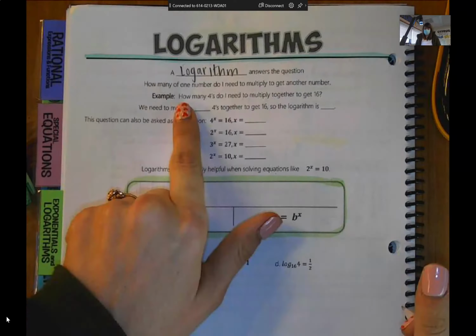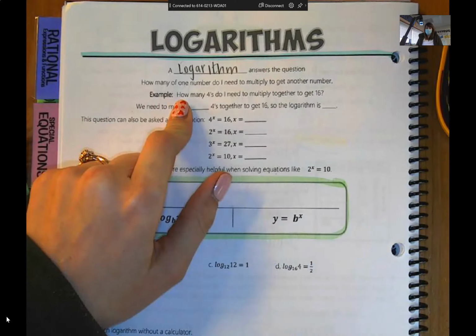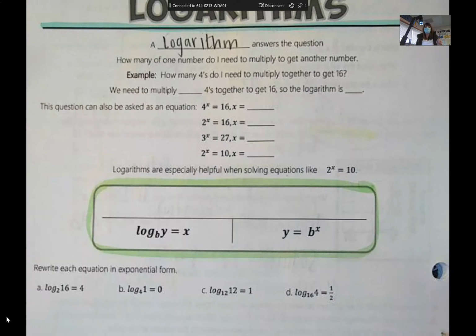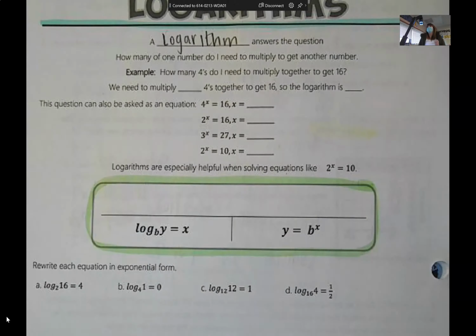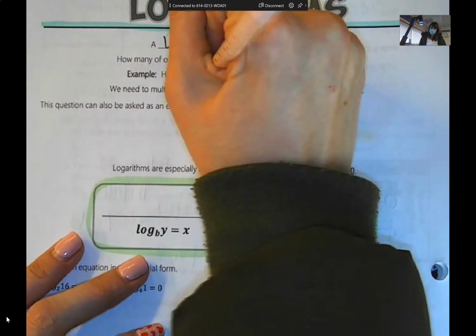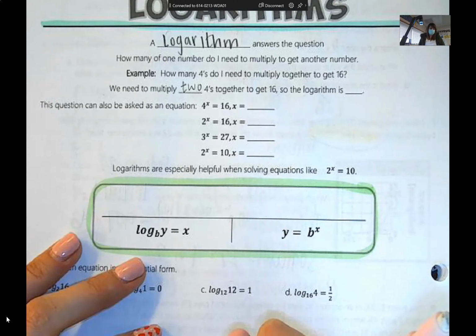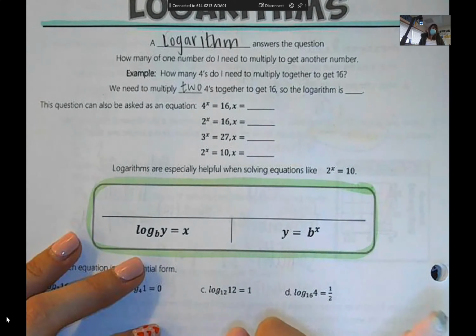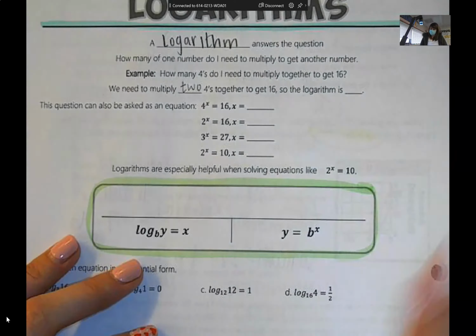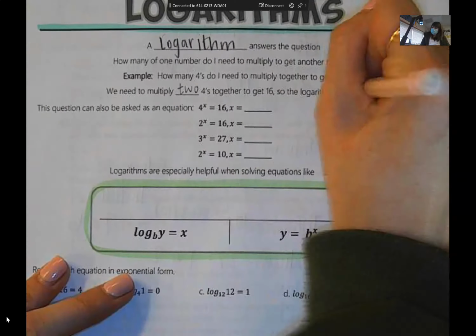So, for example, how many 4s do I need to multiply together to get 16? 2. Well, we need to multiply 2 4s together to get 16. So the logarithm is 2.